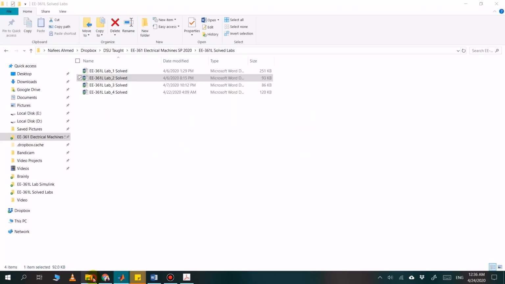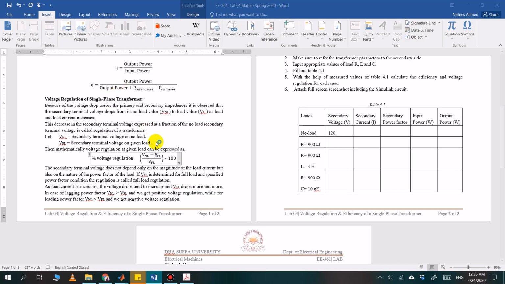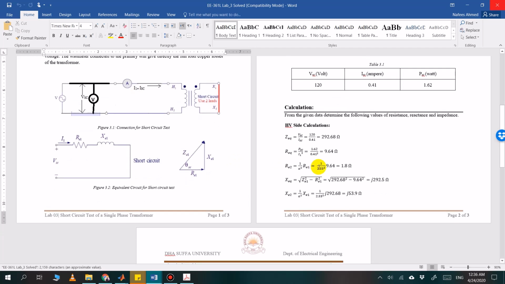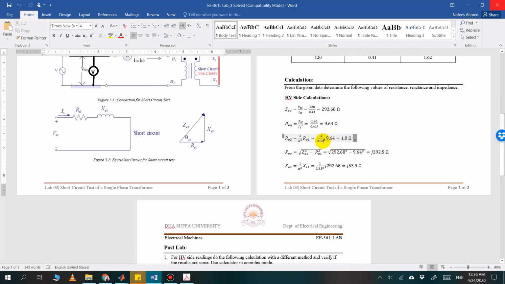Now go to lab number 3. So I have already referred the values by dividing them by a square. So this is R equivalent 1.8 and this is X equivalent 53.9.